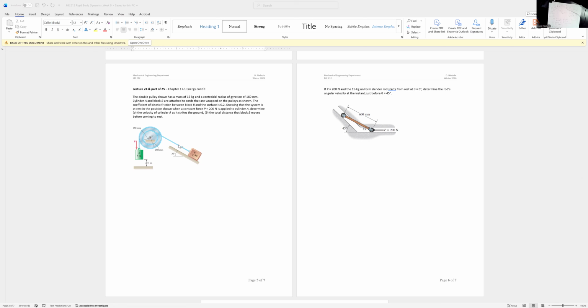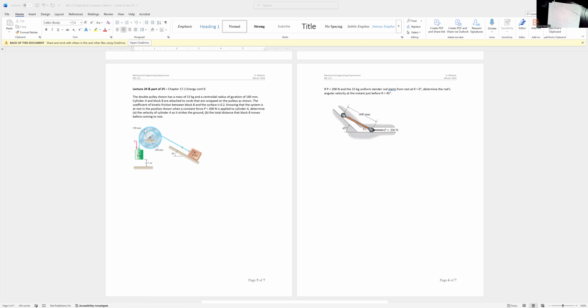But since the system starts at rest, the only real energy into the system is that P pushing down and the gravity of A. All that energy that's created there has to go to spinning this disc and pulling this 15 kilogram up a frictioned incline at 30 degrees, where the friction coefficient is 0.2 kinetic. So we want to know how fast is A going when it hits the ground after falling 1 meter, and how far up does B go?